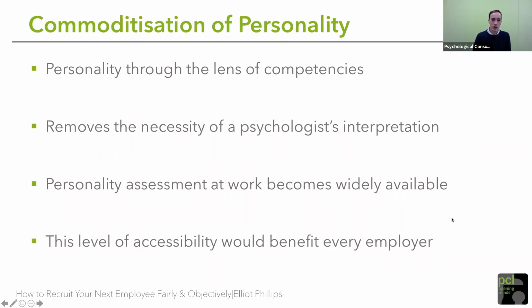Instead then, if we could commoditize personality, if we could view it through a lens of competencies, we remove the necessity to have a psychologist interpret everything for us. Suddenly, at that point, a personality assessment would be accessible by anybody that understood the language of competencies, which is every employer, and it would become widely available to many, many people.